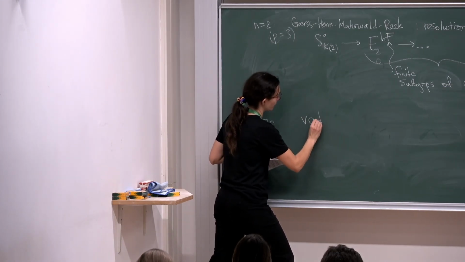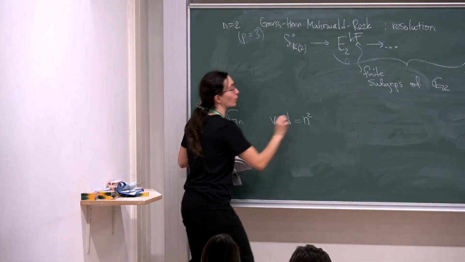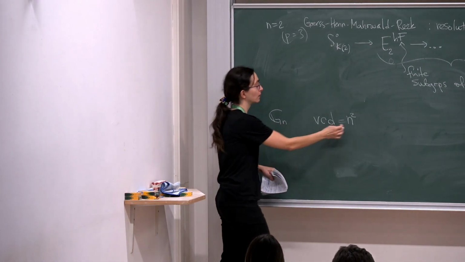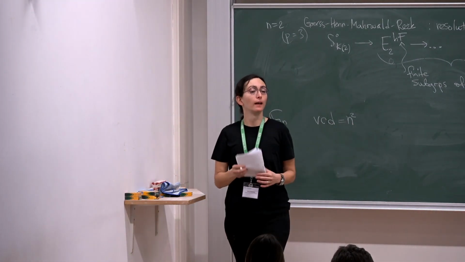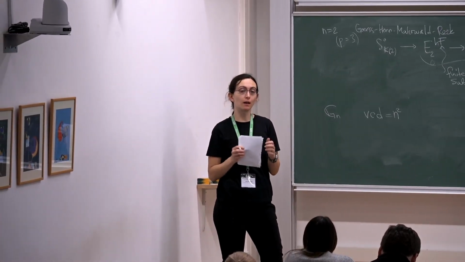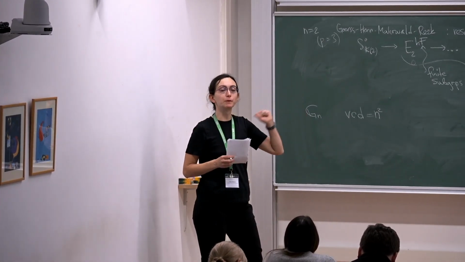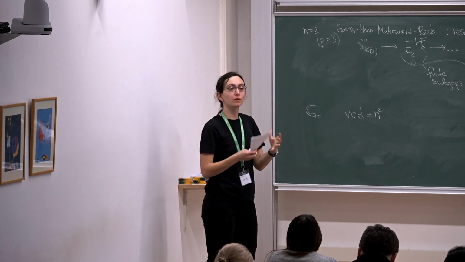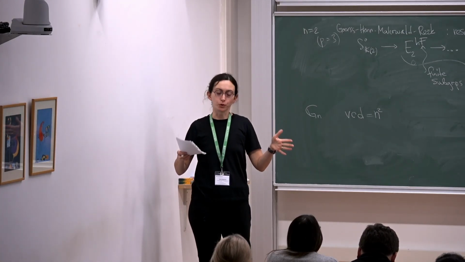It has virtual cohomological dimension n squared. That means that it has an open subgroup of actual dimension n squared, and some finite subgroups that may cause infinite dimensional phenomena. But other than that, it's a nice finite dimensional group.